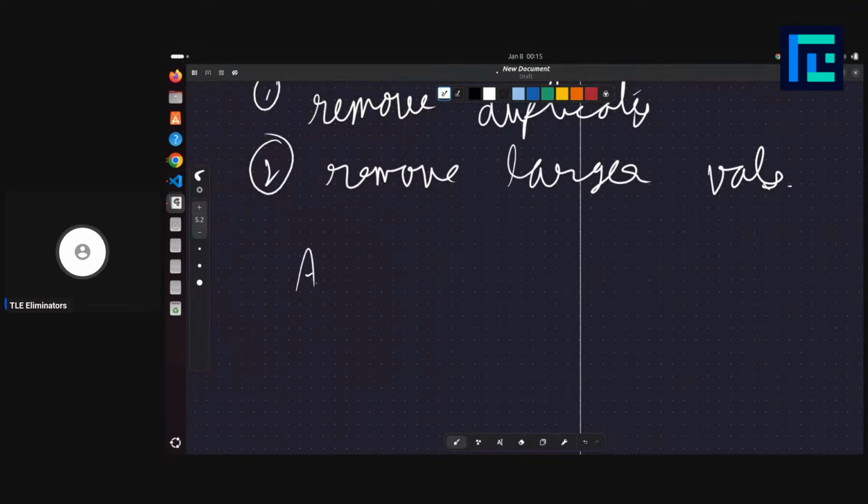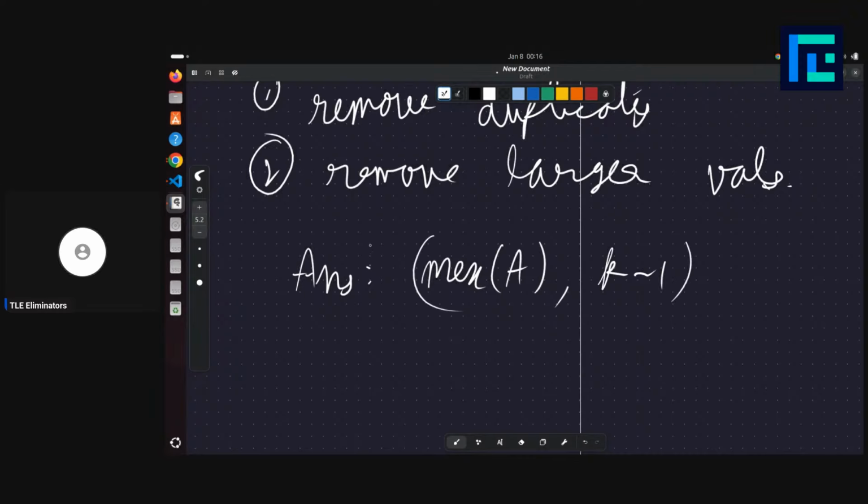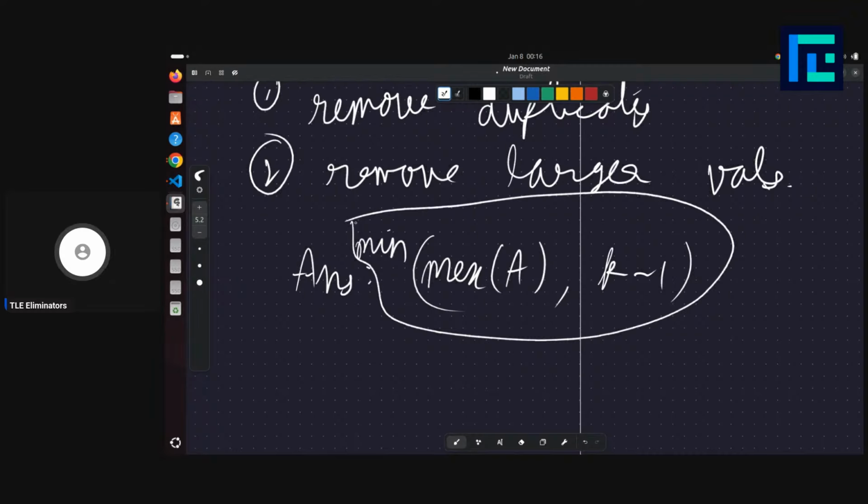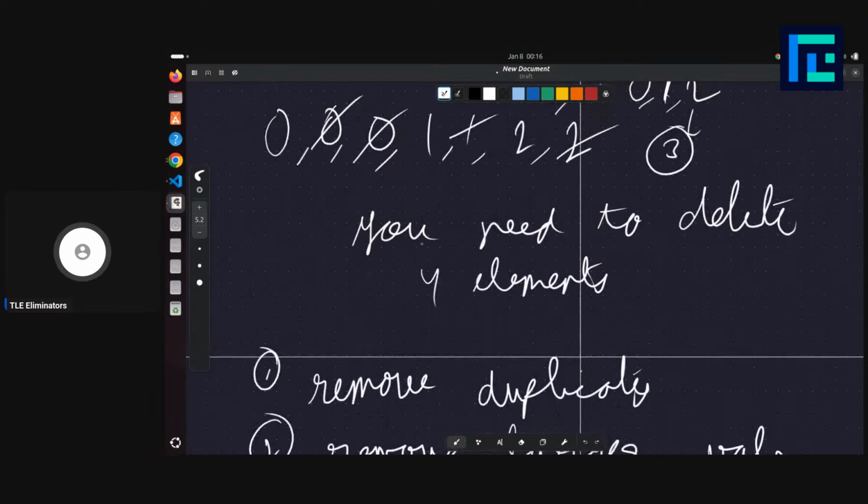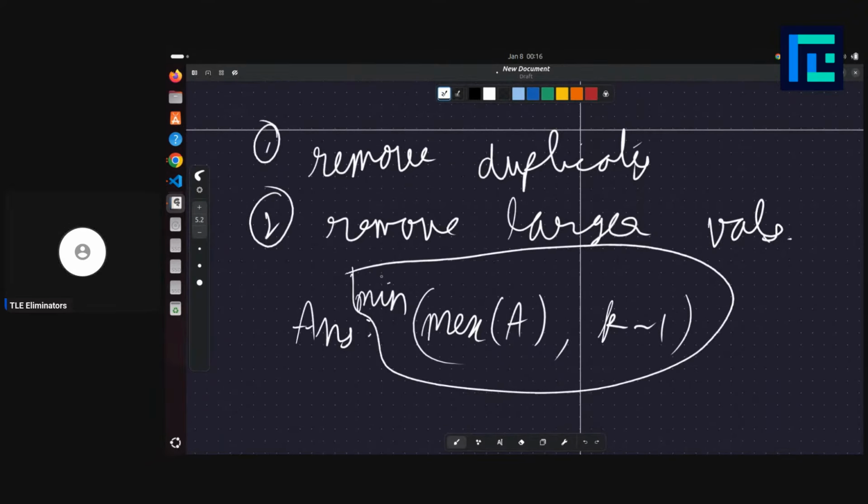The final answer is the min of the max of the entire array, comma k minus 1. It is the smaller value of these two. If my final length of the array is k minus 1, then for this problem my answer is the minimum of max of a, comma k minus 1.